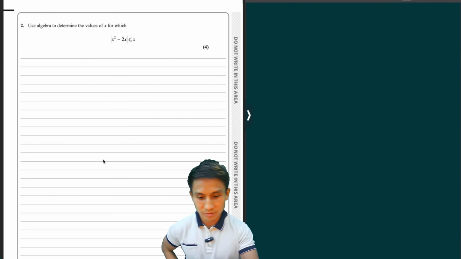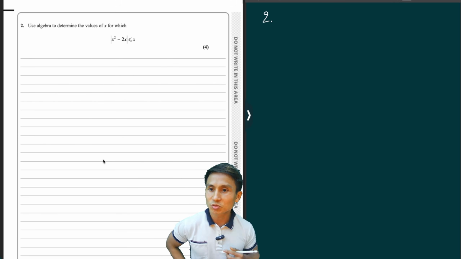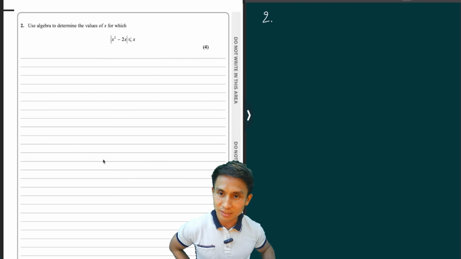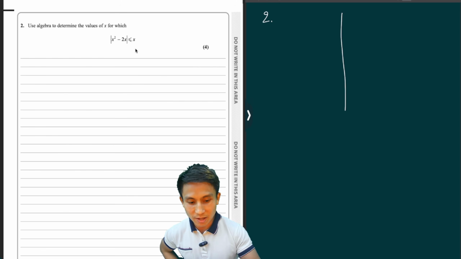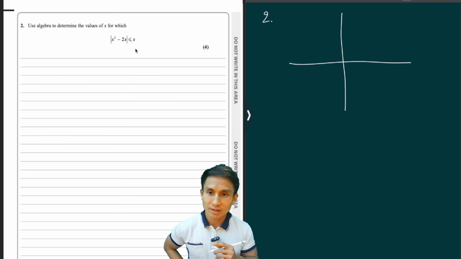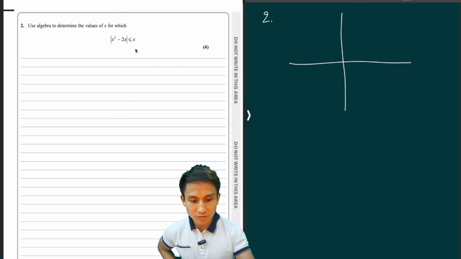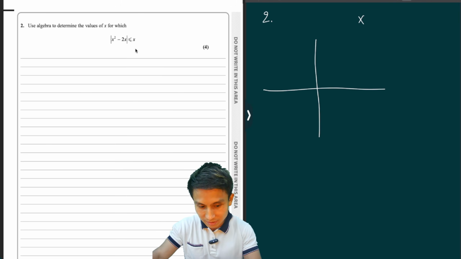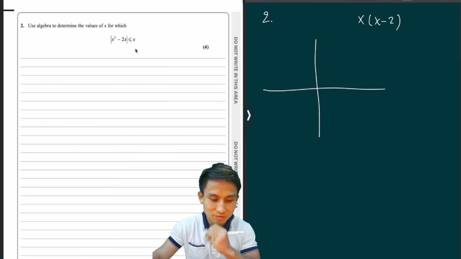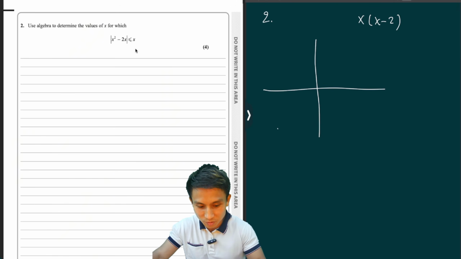Question 2. Use algebra to determine the values of x for which that, right? So if we plot the graph roughly, that is, if we just look at the left hand side, we have a quadratic function. If you factorize that, you're going to get x times x minus 2, right? And the other one is just linear, so I'm going to draw a linear first.